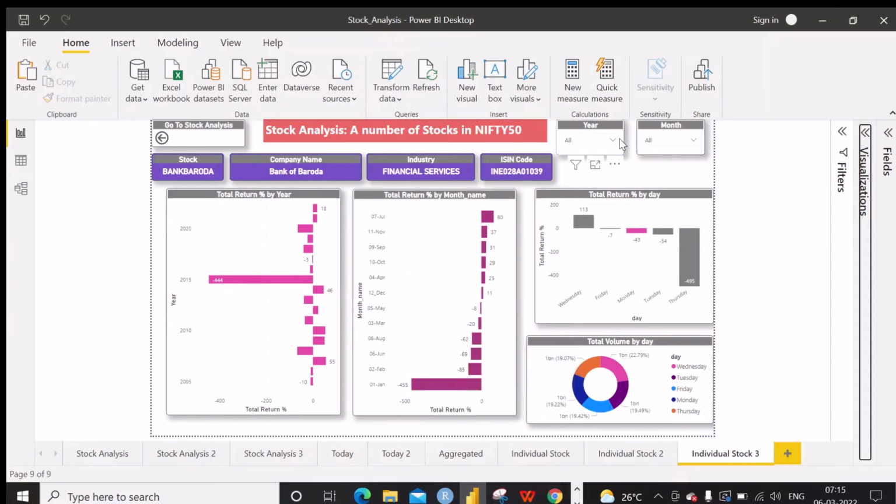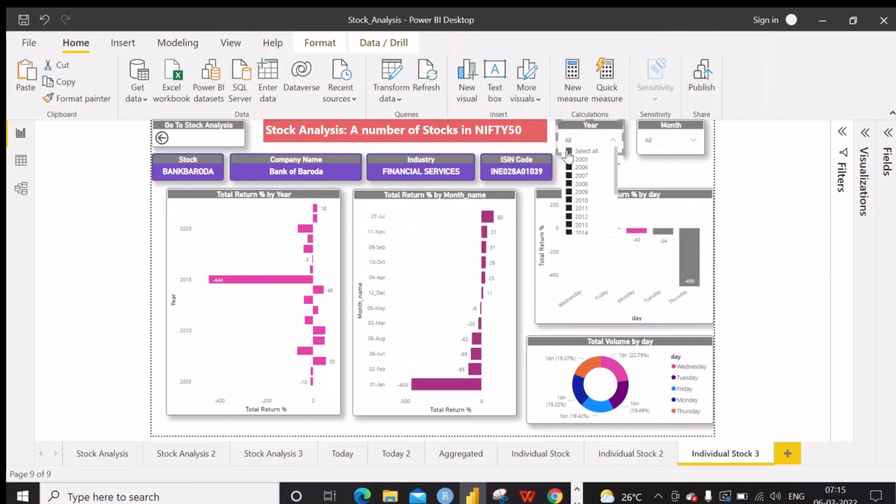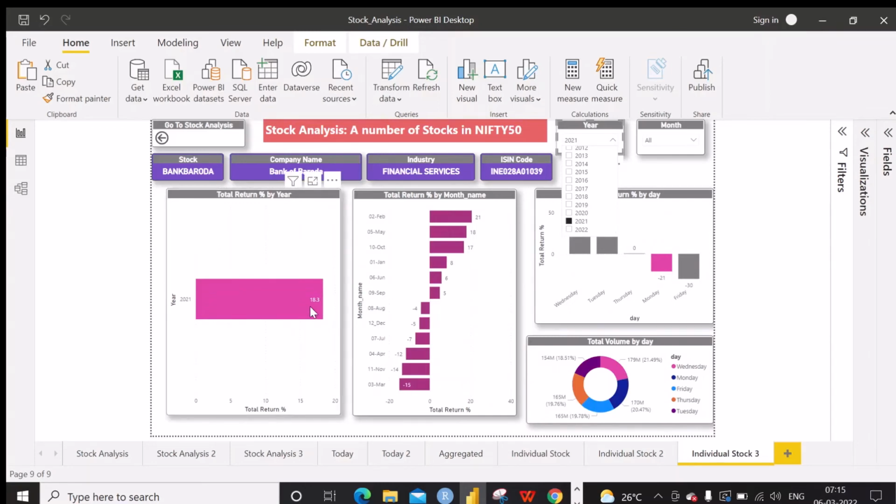If you are interested in any particular year, then you can select it here. Let us select 2021 and see how it is performing. So 2021 it is 18.27%, and how it is performing every month is shown in this graph. This is the month wise return we can get from this stock.